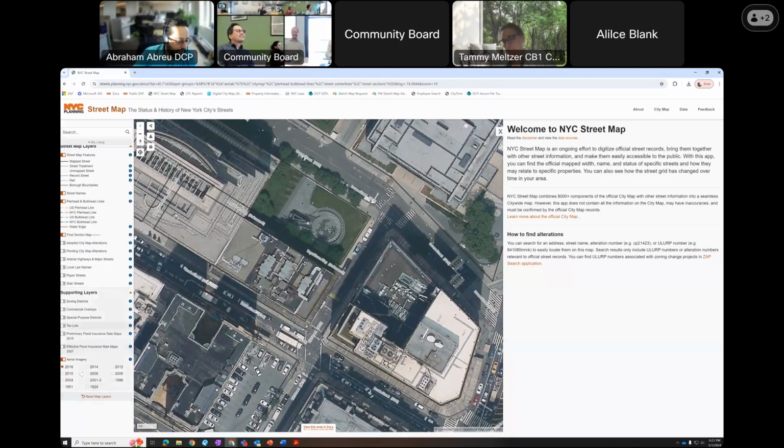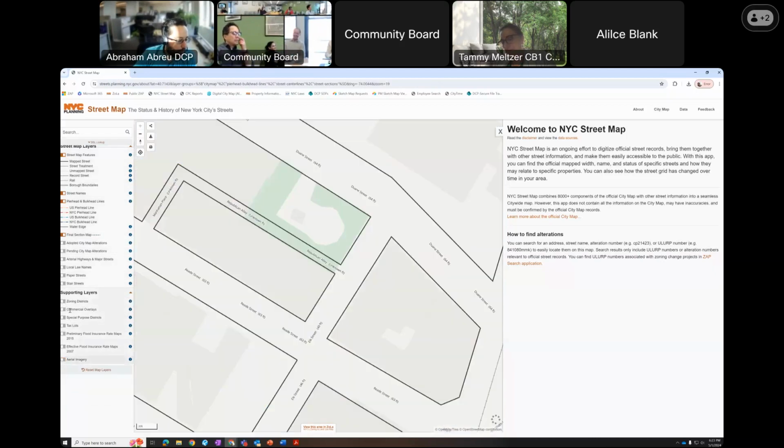And then we have some supporting layers. One second. So you said it was a cloud on properties to have a paper map? What is a cloud? Well, because you can't build in the bed of a map street, so I don't know how this happened, but you're not supposed to. And also streets don't generate FAR.